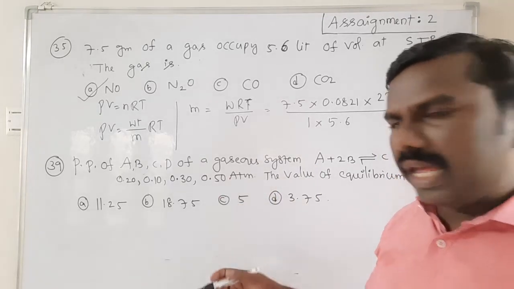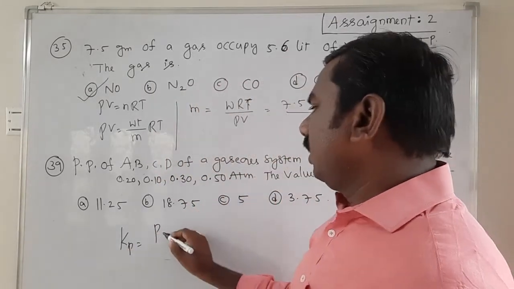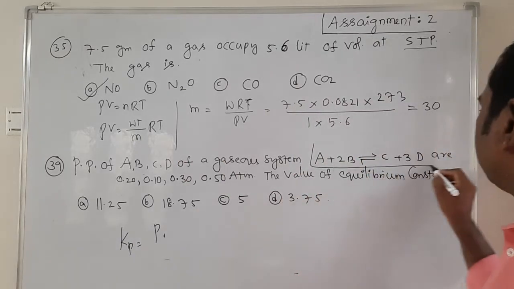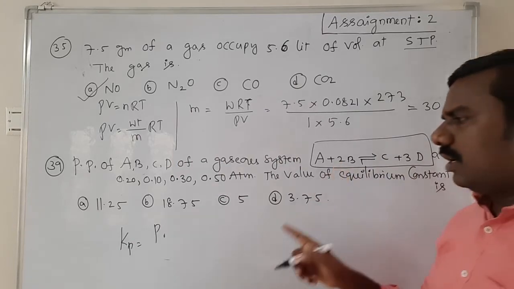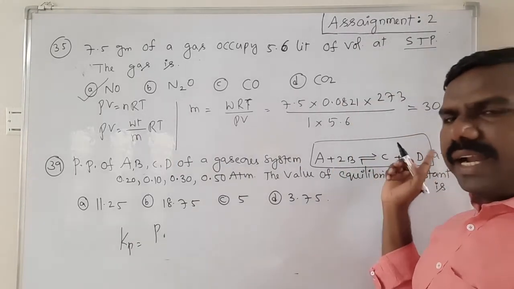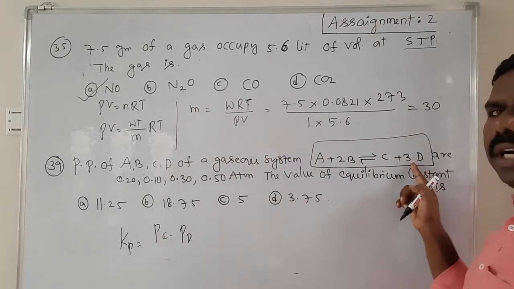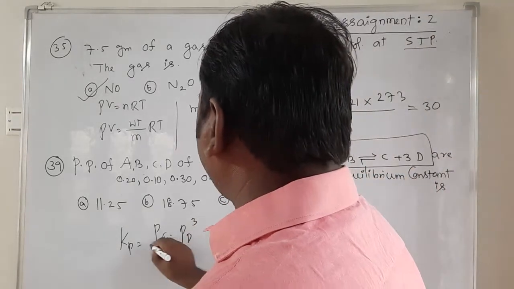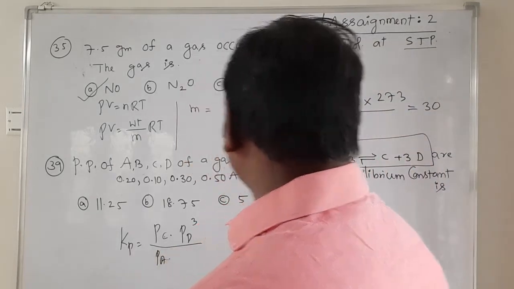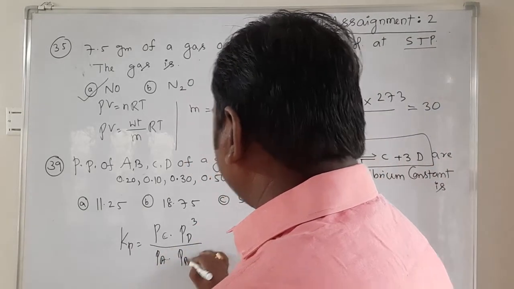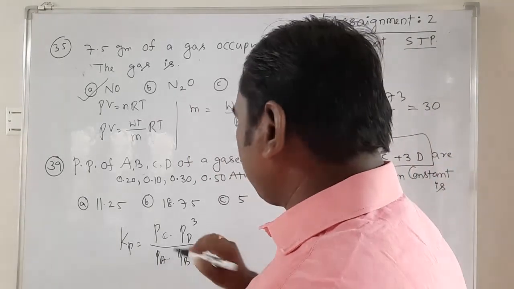Pressures are given, so directly write Kp is equal to products' pressures by reactants' pressures. The products are C and D, pressure of C into pressure of D. The D coefficient is 3, so it should be raised to the power 3. Reactants: pressure of A into pressure of B. The B coefficient is 2, so it will be raised to the power, B squared.